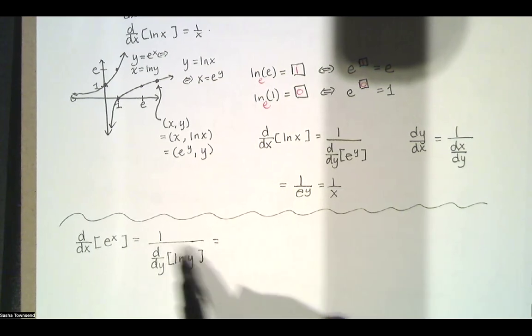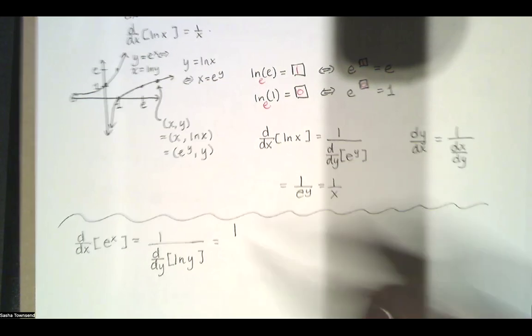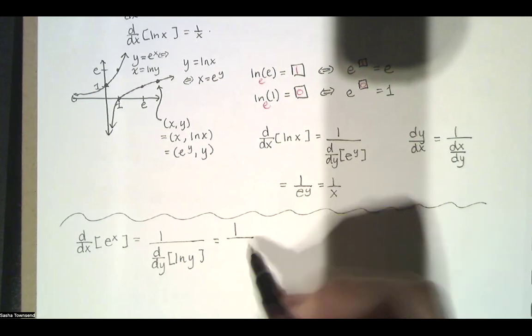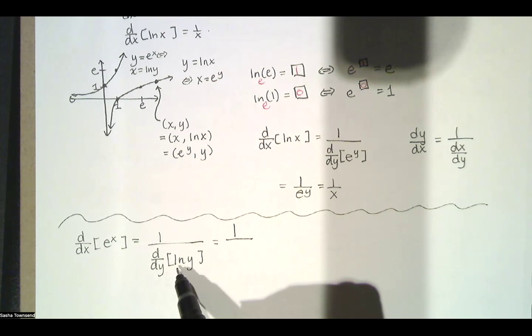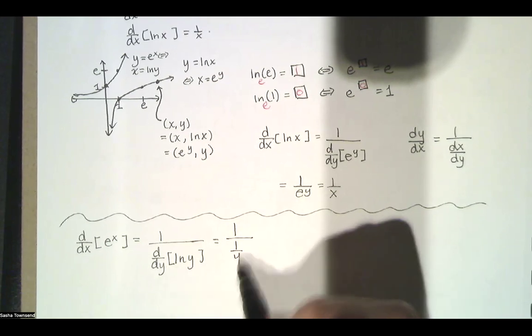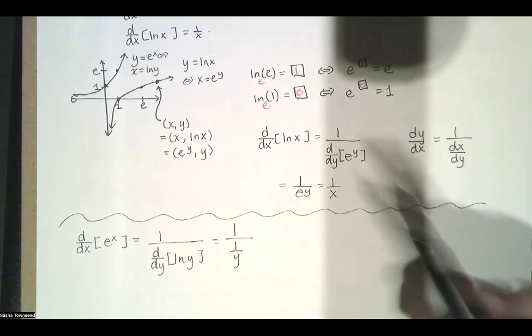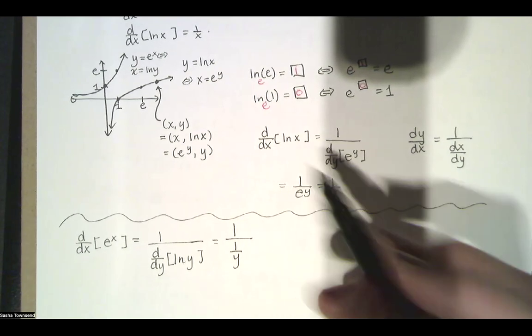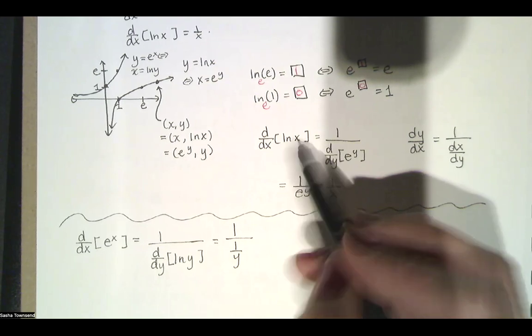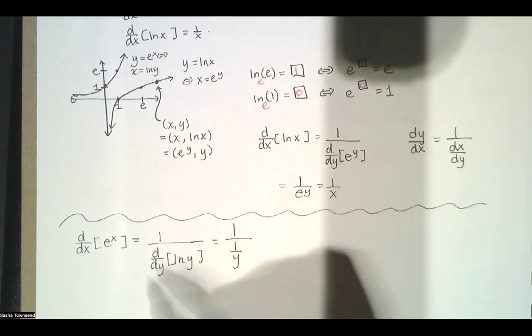Well, we just derived the derivative of natural log of y. The derivative of natural log of y with respect to y is just going to be 1 divided by y, just replacing that x with a y, replacing this with a y and that with a y. So it's just a dummy variable now.